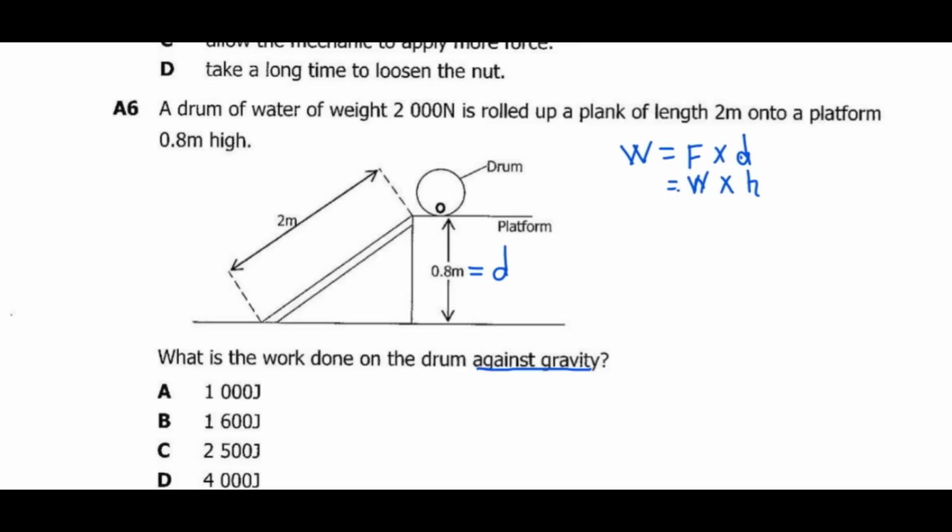Remember, weight times height is the same as force times distance. So the force is 2000 times the height, 0.8. If we multiply this, we'll get 1600 as our answer. So the answer is just C.